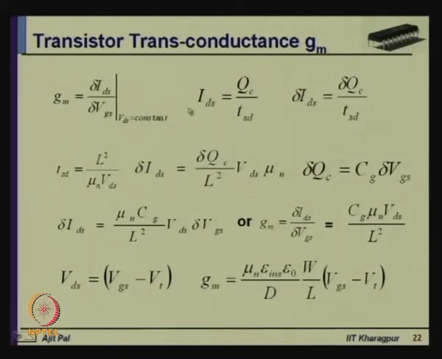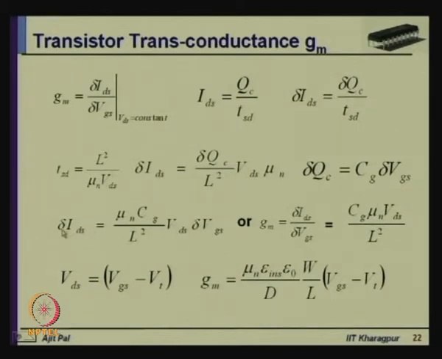So, that we can derive as we know IDS is equal to QC by TSD. So, delta IDS is equal to delta QC by TSD, and that expression for TSD we have already derived. We are not going into the details of that.